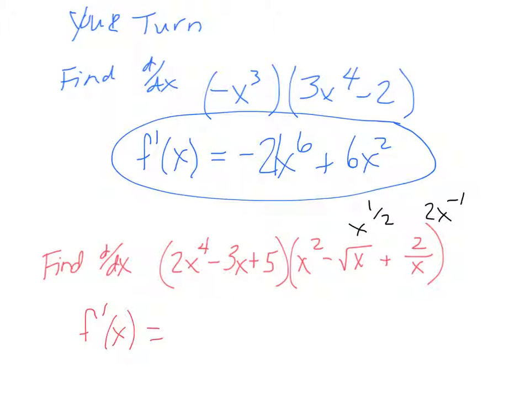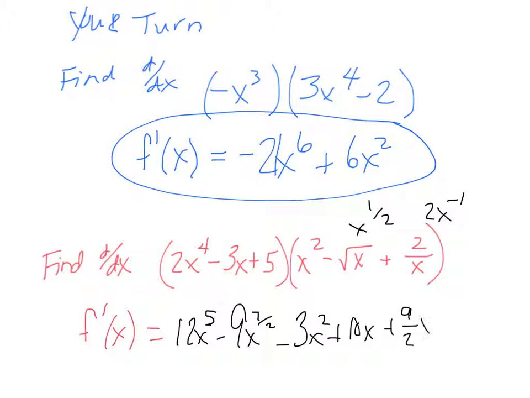And the answer is 12x to the fifth minus 9x to the 7/2 minus 3x squared plus 10x plus 9/2 x to the 1/2, minus 5/2 x to the negative 1/2 and minus 10x to the negative 2. Okay? So this is the product rule.